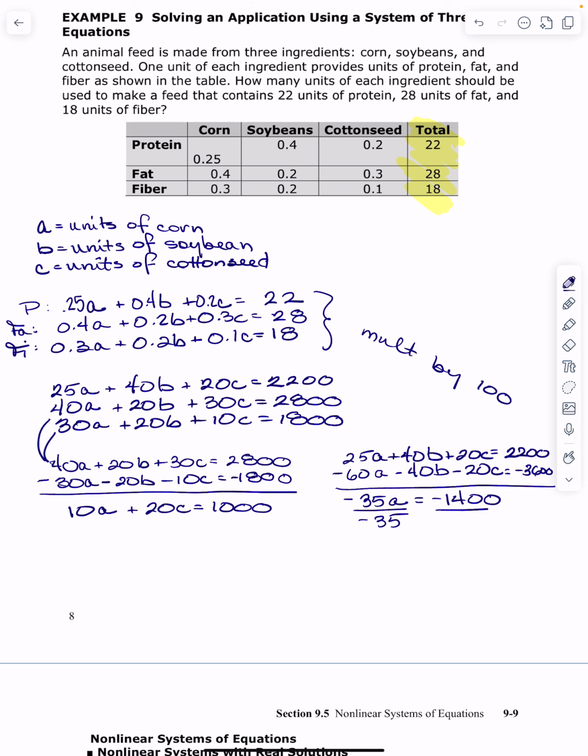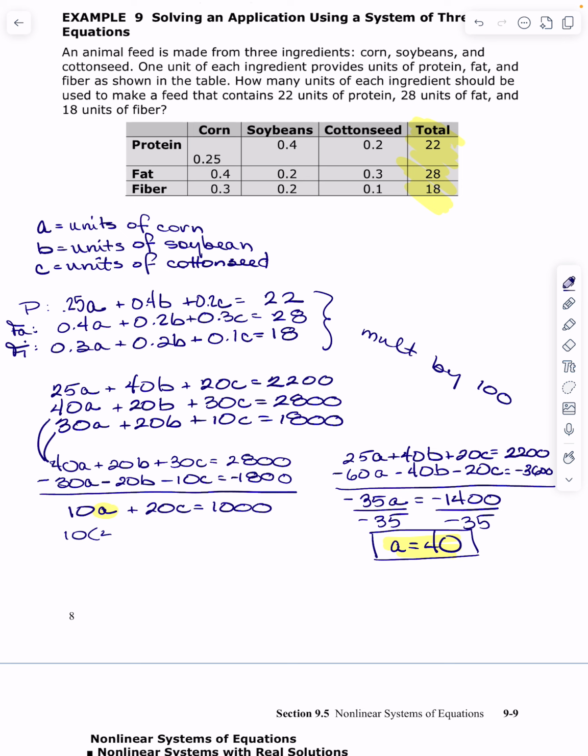This is kind of nice because I only have A in here, and I can go ahead and take my 1400 and divide by 35, and we get A equals 40. I can use that in this equation.